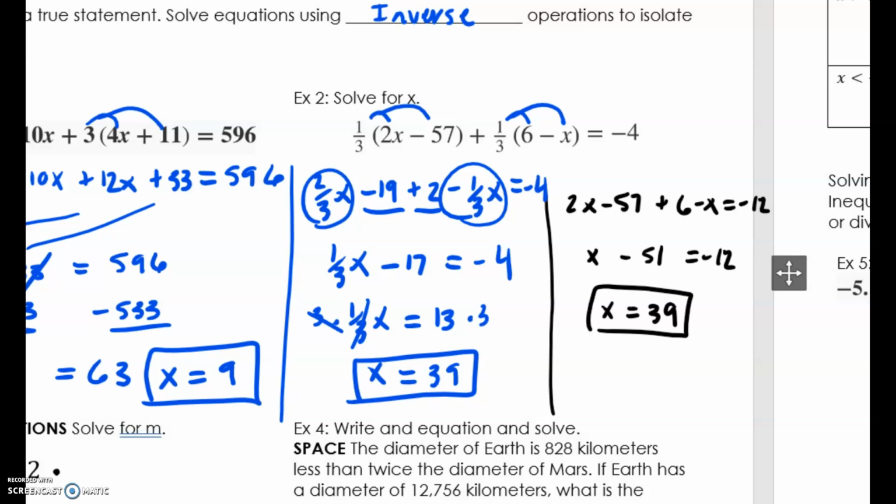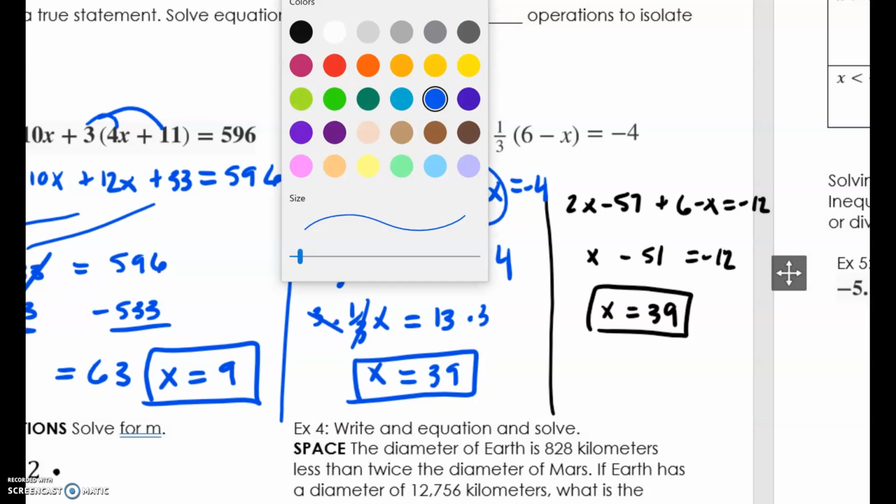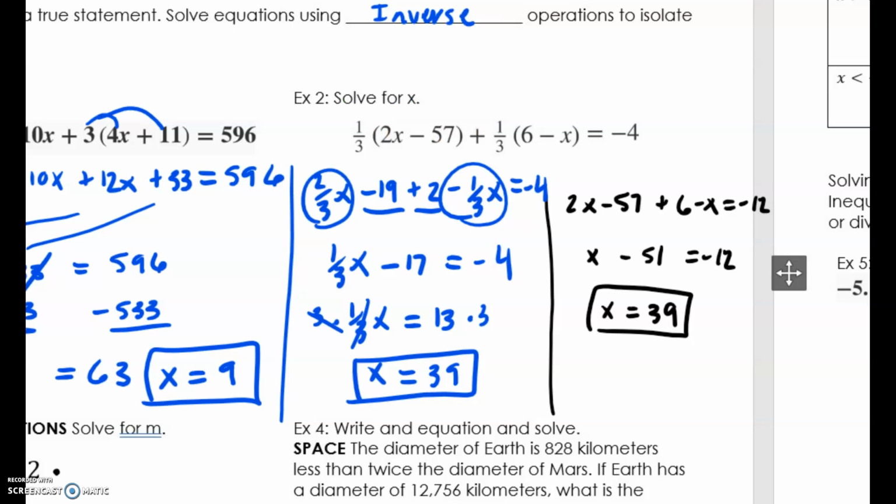So if you're asking, what did I do with this work on the right? Well, I noticed that on the left-hand side, both sets of parentheses were multiplied by 1/3. So I started off by multiplying by its reciprocal, 3. Remember, if you multiply something, the whole side has to be multiplied by it. If I multiply that whole side by 3, it eliminates the thirds, and I'm just left with those parentheses.